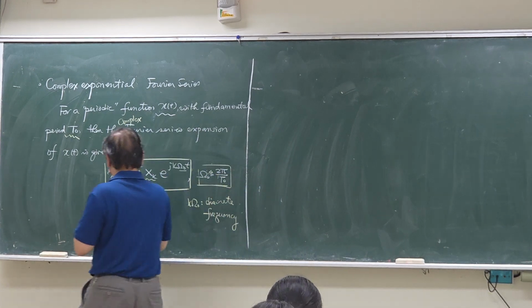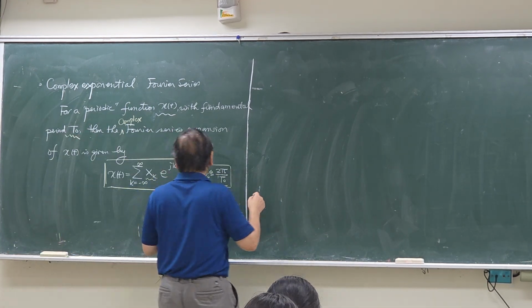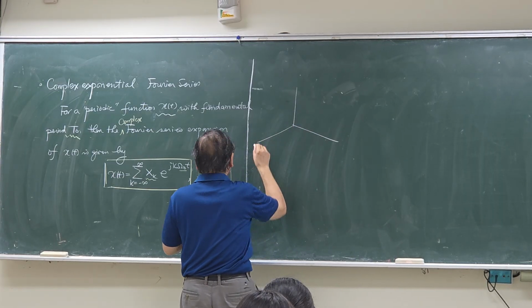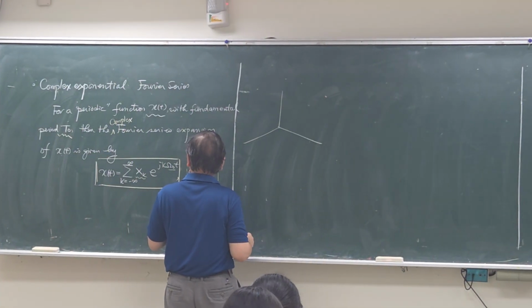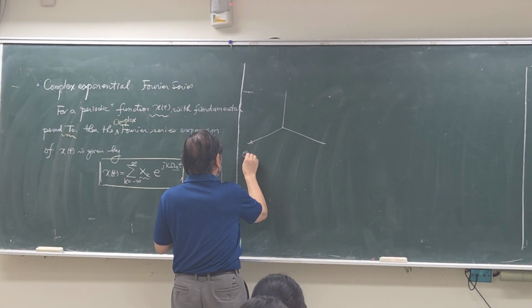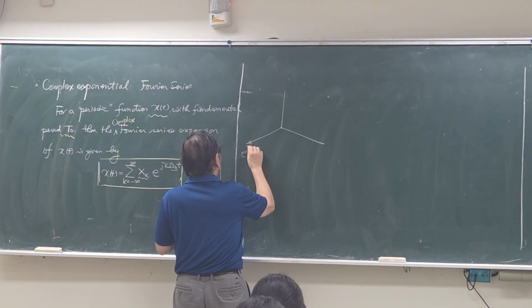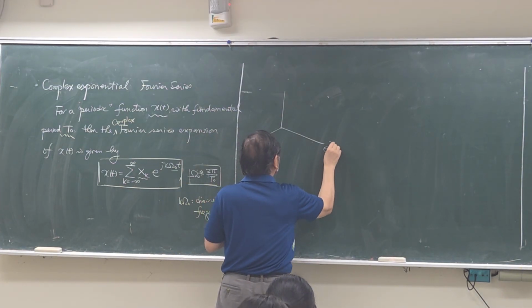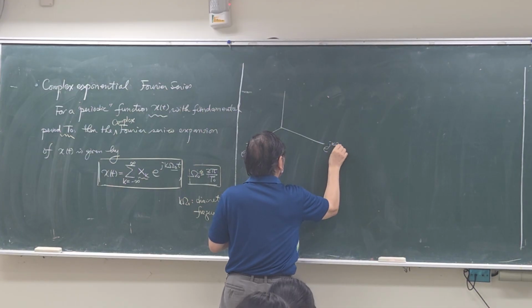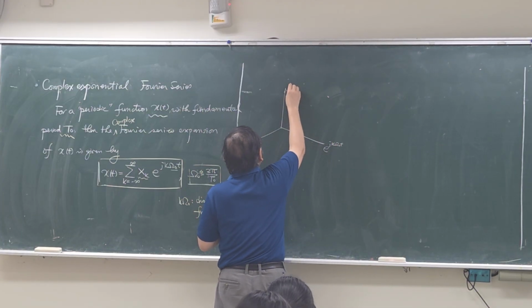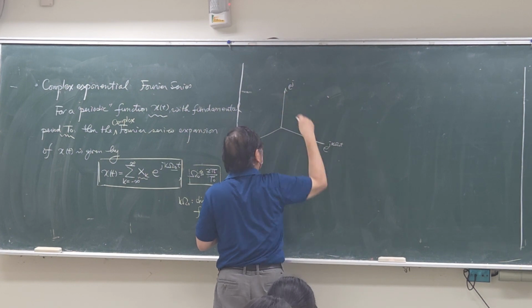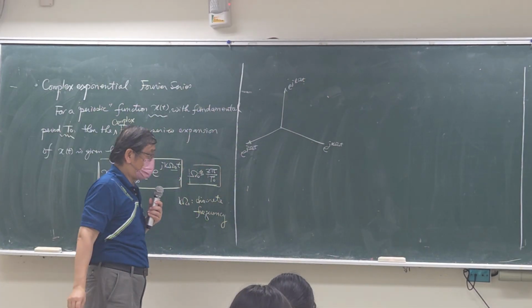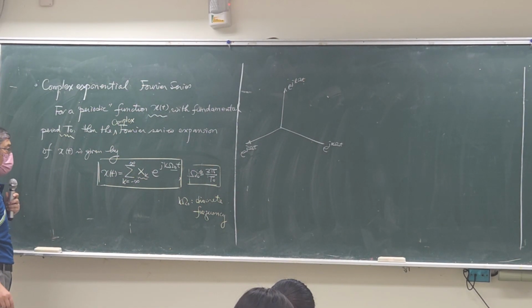Before we try to determine the coefficient x of k, we have to find the norm of the function e to the j k omega sub 0 t.